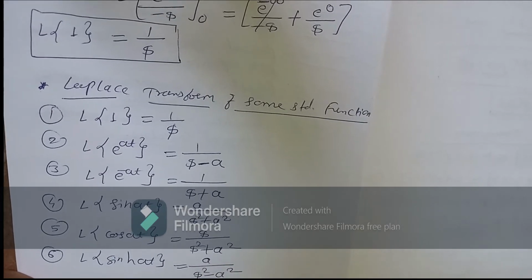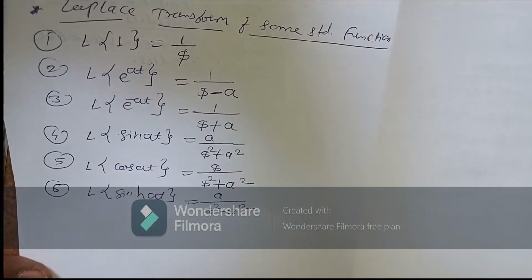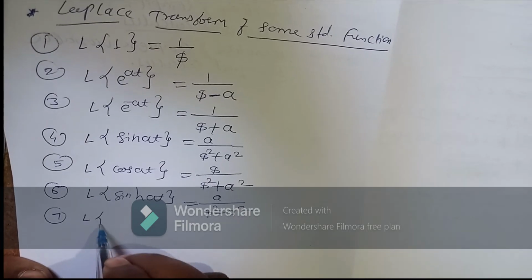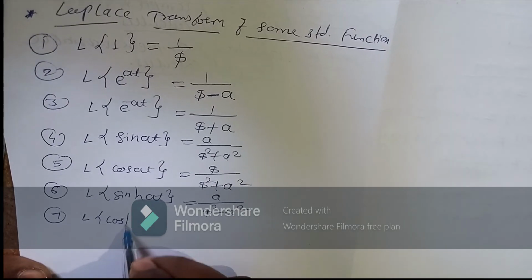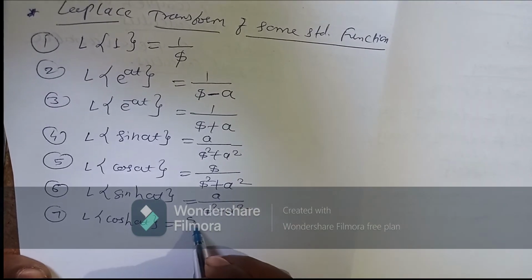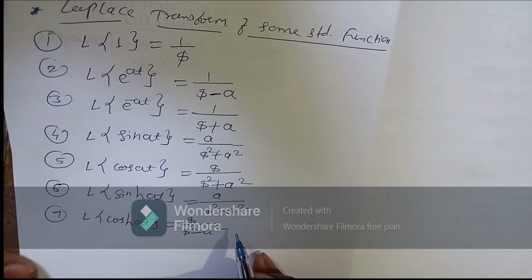So in the denominator there is a minus sign. So this we have to remember. Next formula number 7, Laplace transform of cos hyperbolic at is equal to what? Same formula as cos at, but there is a minus sign in the denominator. This is the difference.